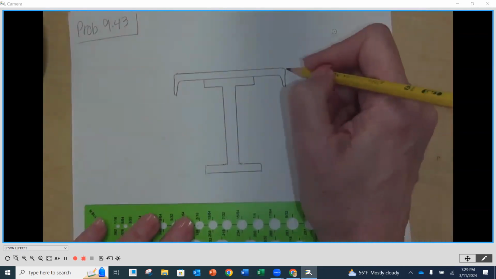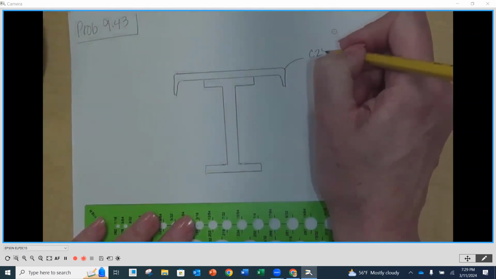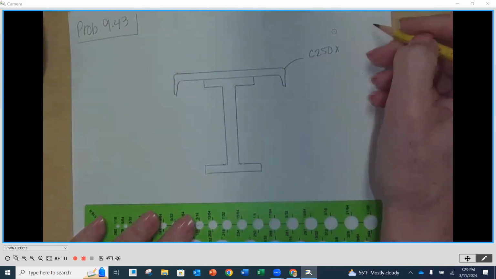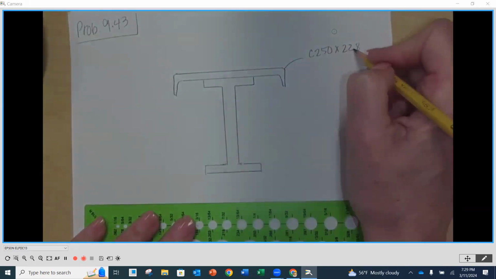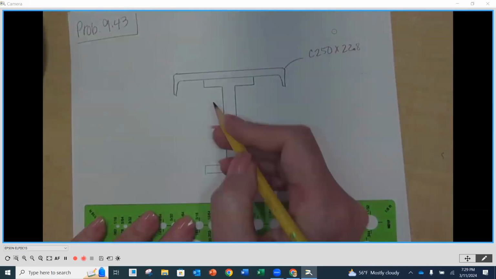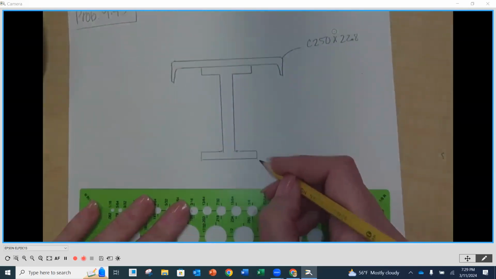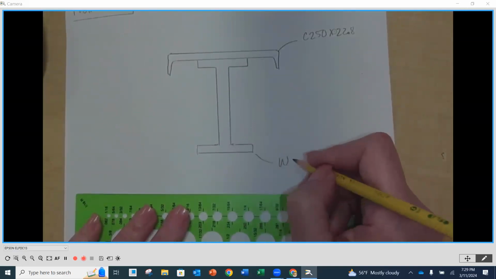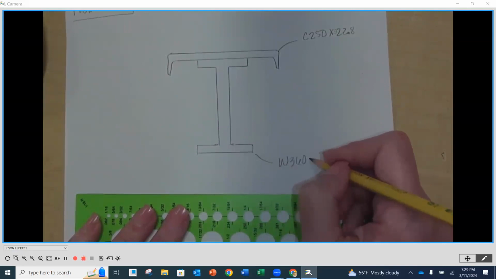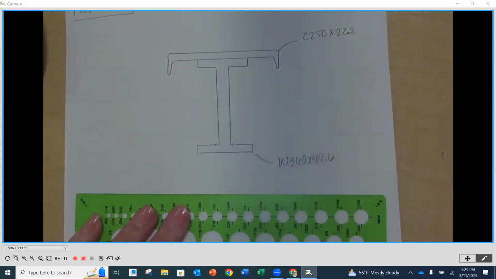Now our first shape, it said this is a C250 by 22.8. So we'll be looking in the back of the book in our appendix to find that C channel. And then the other shape is going to be a wide flange, a W360 by 44.6.